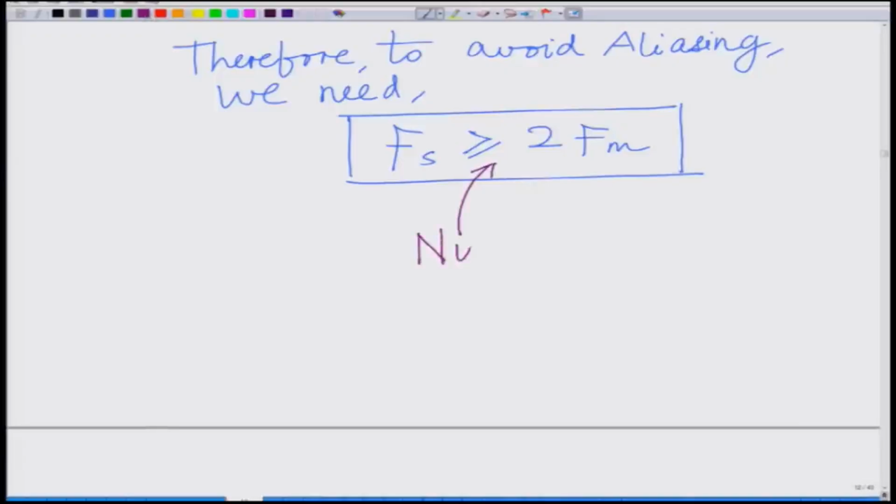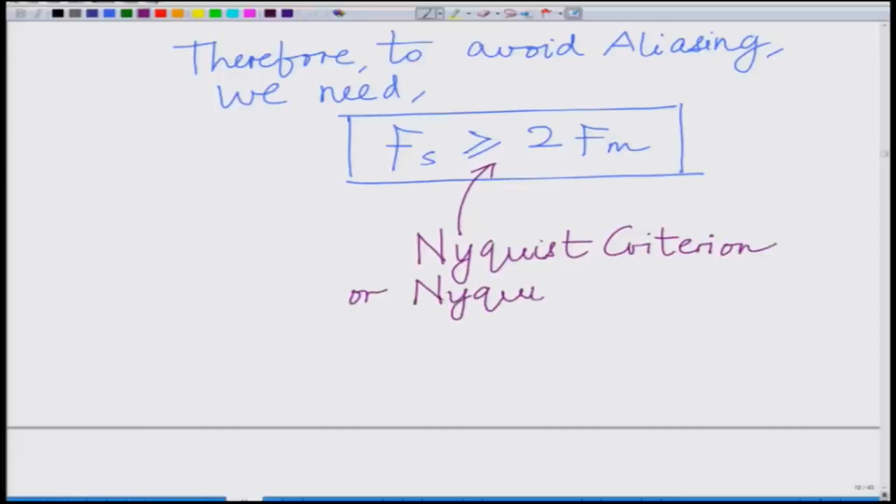This has many names. This is termed as the Nyquist criterion.